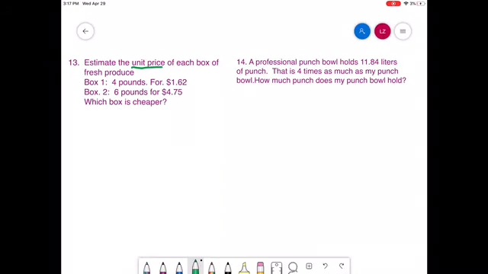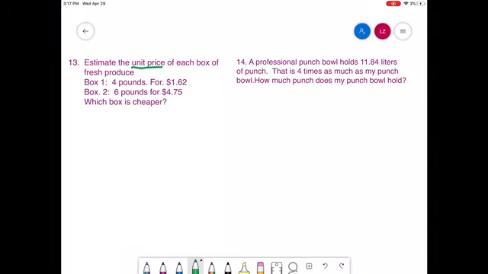So when it says unit price, it always wants to know what one of the units would cost. So in this case, it wants to know what 1 pound costs. If they ask for the unit price of something and you have 16 ounces, that means it wants to know what 1 ounce is. Unit price always means one of whatever type of measurement unit you are using.